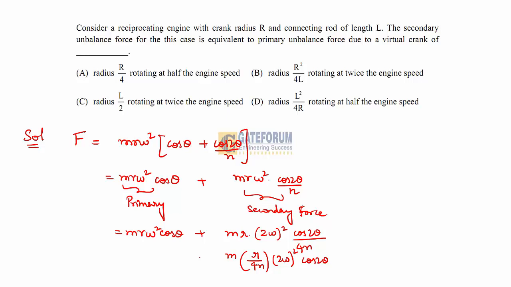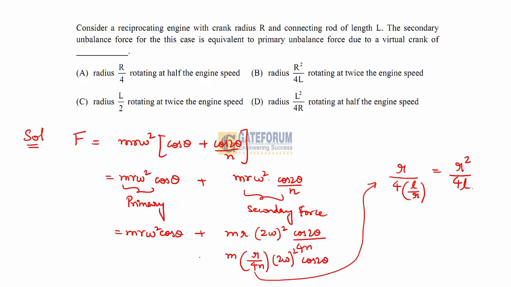Here it says that the secondary unbalanced force for this case is equivalent to primary force due to the virtual crank of length r by 4n. 4n can be written as L by r, so this is equal to r square by 4L, where r is the radius of the crank.